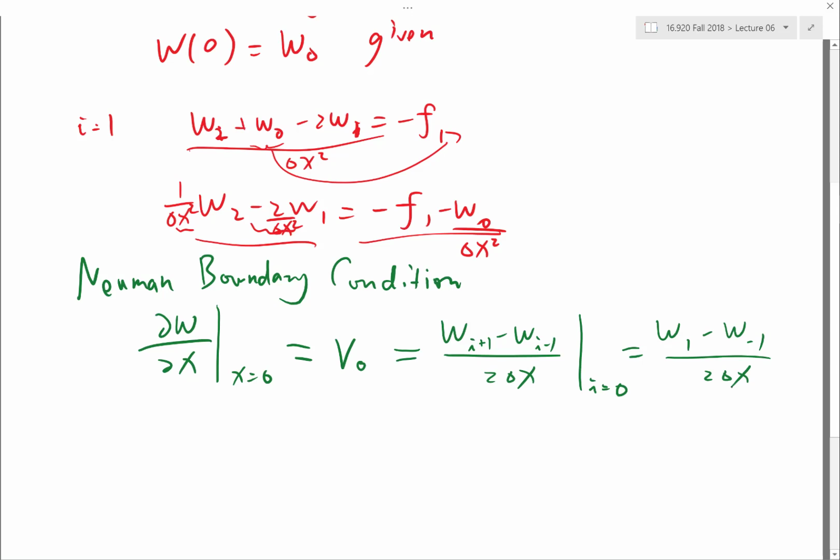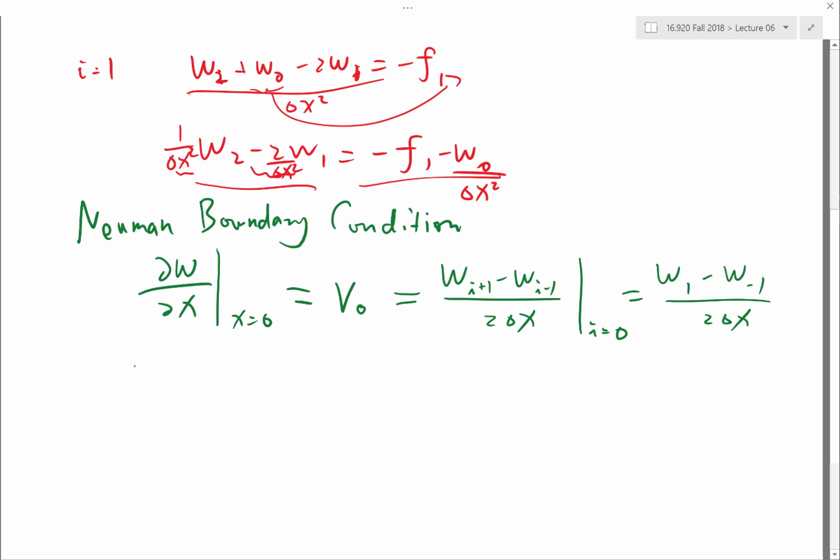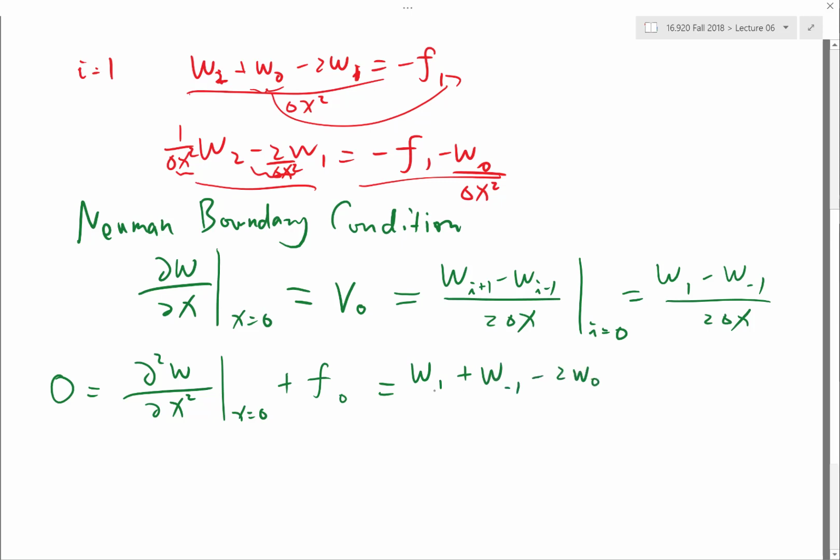All right, so this looks weird, but then consider I also have a similar equation, plus f at 0 is equal to 0. So that's our differential equation, right? The discretization of the differential equation at i equal to 0 gives rise to that.